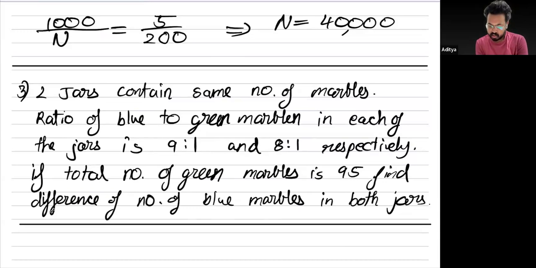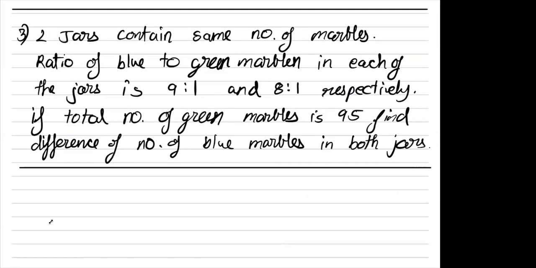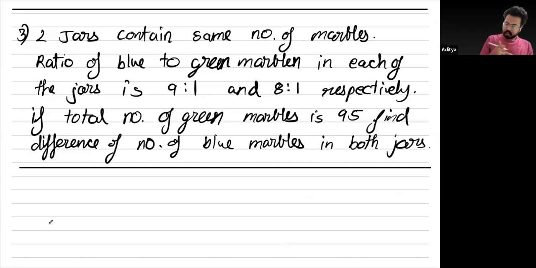Amishu, not correct. Try again. Akshita, correct. Sir, is it 95 in each jar or both? No, in both put together are 95.